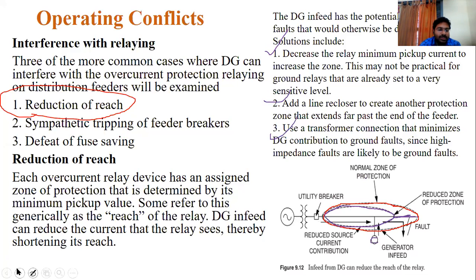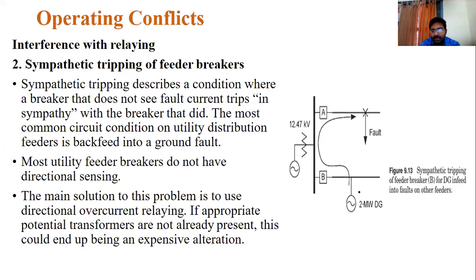Then what is the next one? The feeder breakers. Consider one example: a 2 megawatt DG connected to one of the feeders, feeder 1 and feeder 2. It is connected in feeder 2.